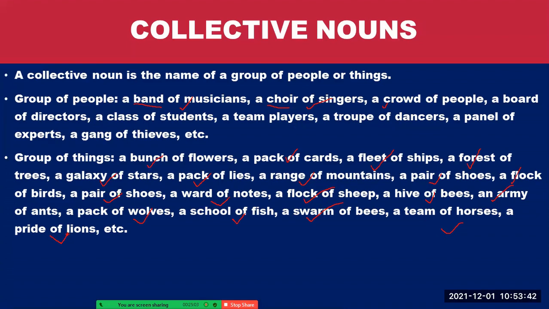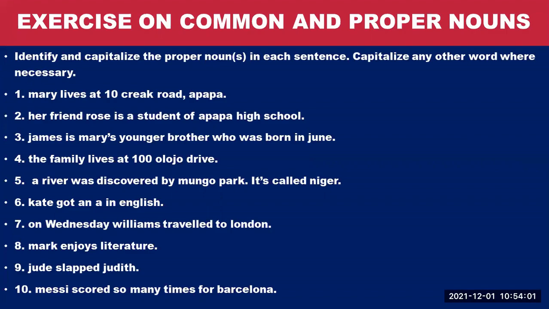So, this is where we take a little time to test our knowledge of English grammar. I want you to pause and take a sheet of paper and a biro or a pen, and then do this exercise.